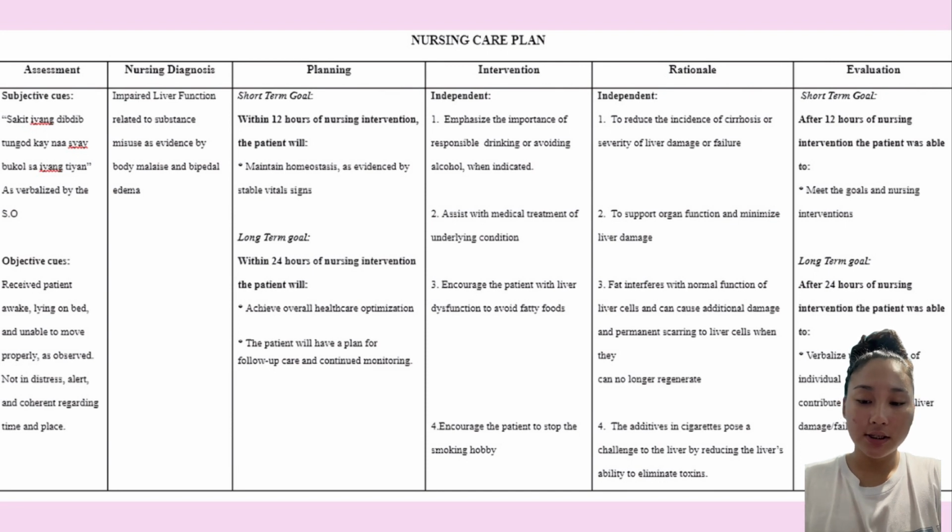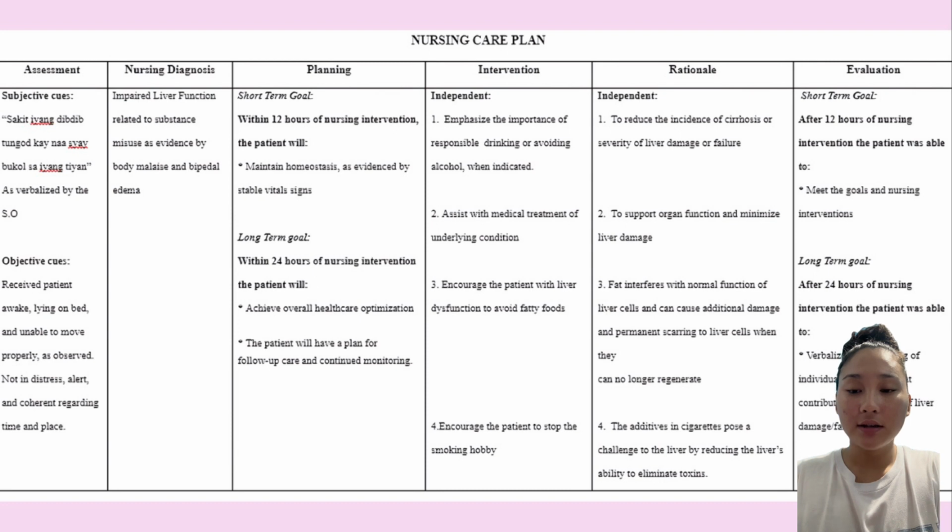Not in distress, alert and coherent regarding time and place, with limited mobility, and initial vital signs were taken and recorded as follows: temperature 37.5, HR 95, RR 23, BP 110/60, and O2 saturation is 99%.